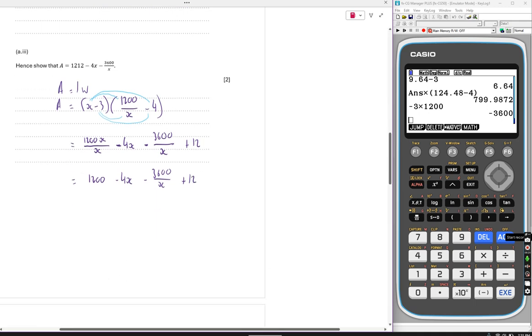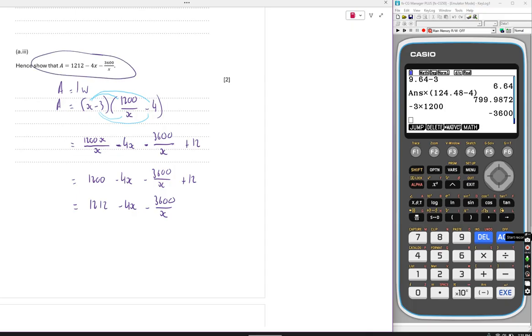Okay, 1200 plus that 12 is the only thing that we can change, so 1212 minus 4x minus 3600 over x. And now what we have just figured out is the same as what it was asking for us in the question, so that is that answer.